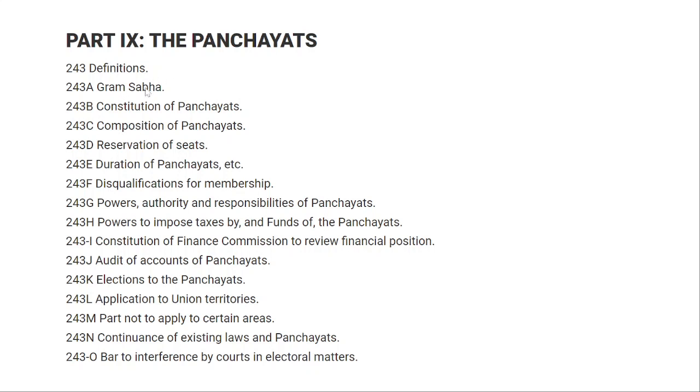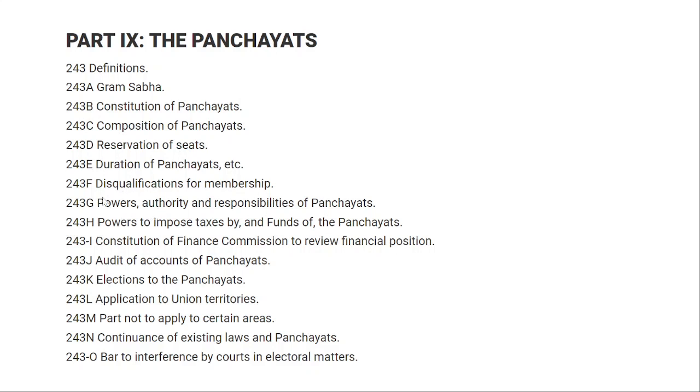A is gram sabha, B is constitution of panchayats, and C is composition, so how many people will be there. D is reservation, regarding SC, ST, women, etc. E is duration of panchayats. These questions are frequently asked. Somehow you have to link and remember. So ED you can remember like that. F is disqualification for membership.